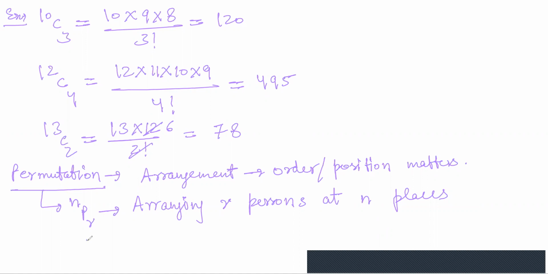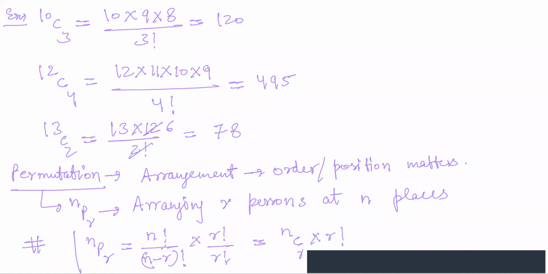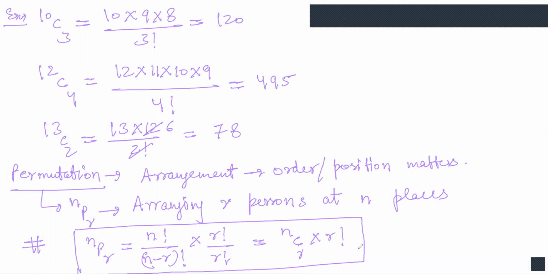Now, how do we calculate NPR? NPR is just simply n factorial divided by n minus R factorial. So if you multiply and divide it by R factorial, then n factorial upon n minus R factorial into R factorial is nothing but NCR into R factorial. So NPR is NCR into R factorial.